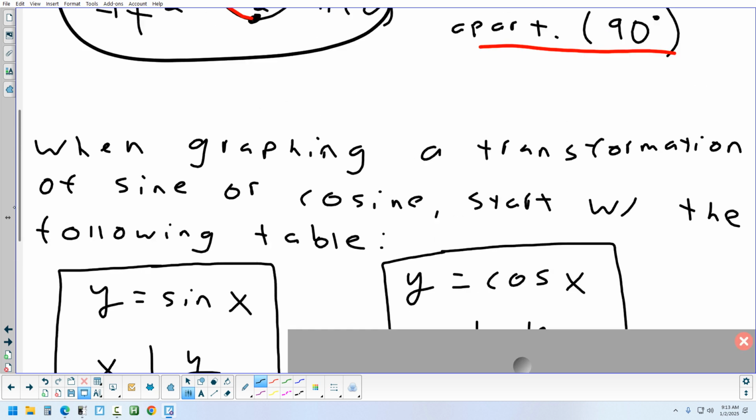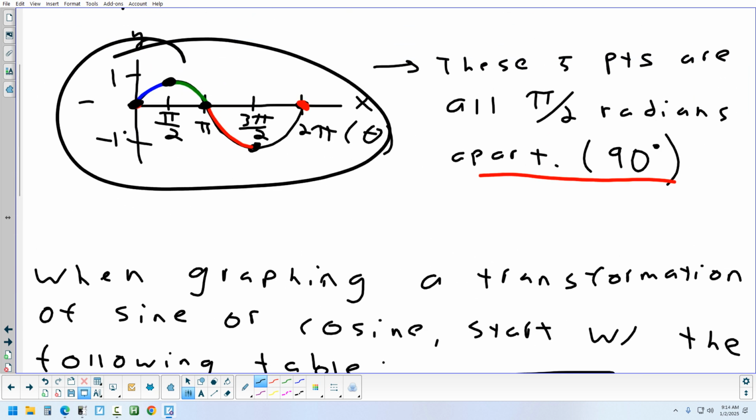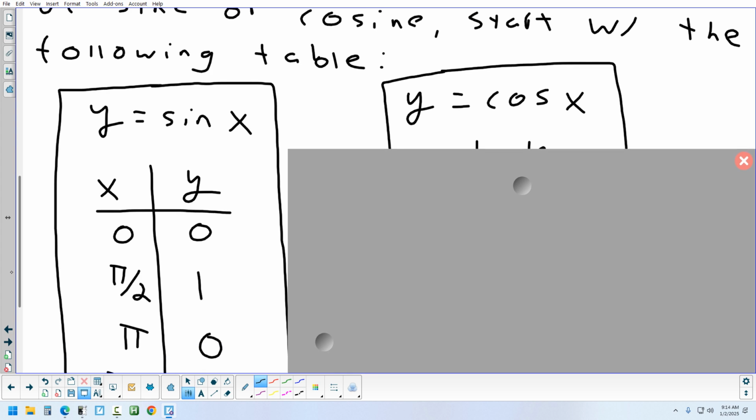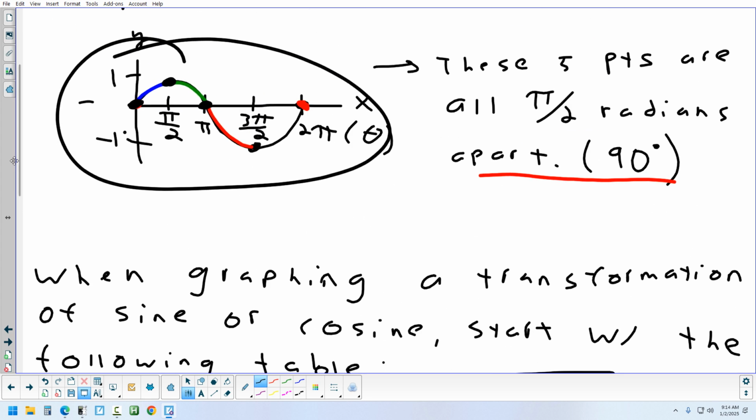Let's go back up, get the third one. How about that coordinate? What's that one? Yeah, that's going to be pi comma 0. Okay, that's the third one. All right, let's go to the fourth one.